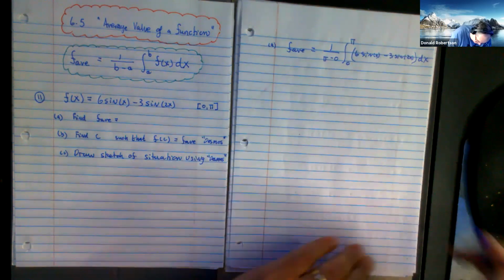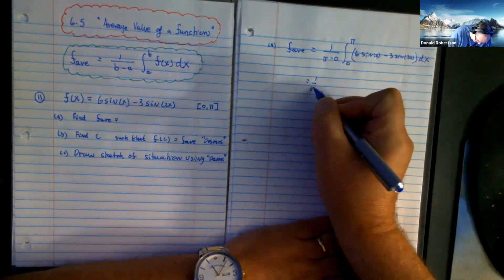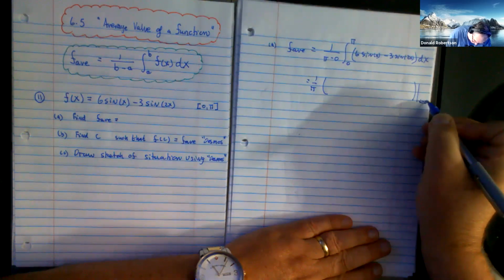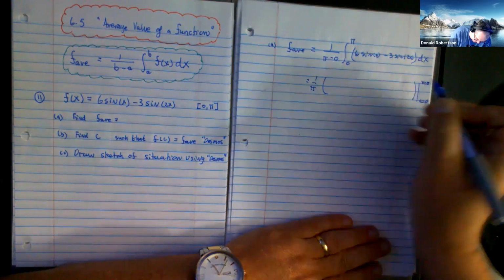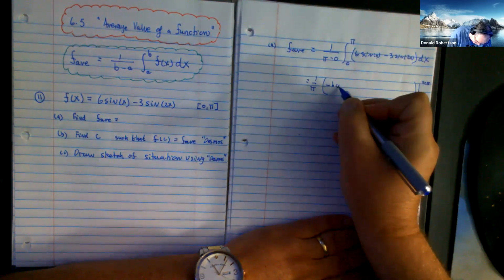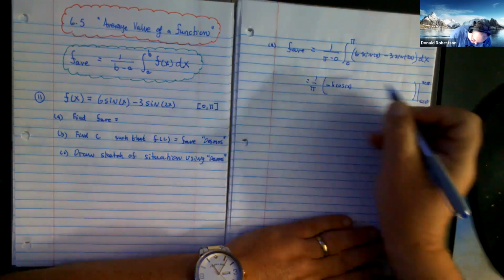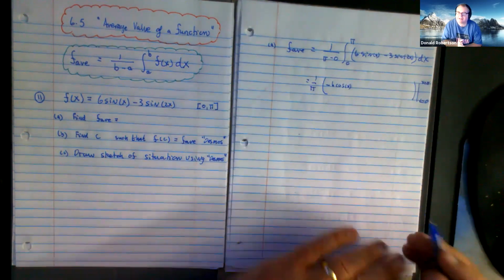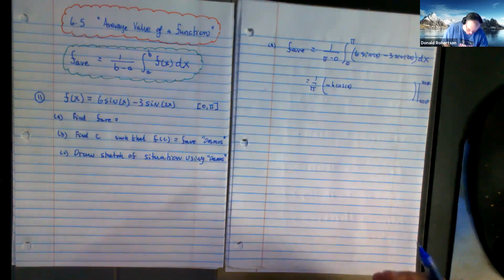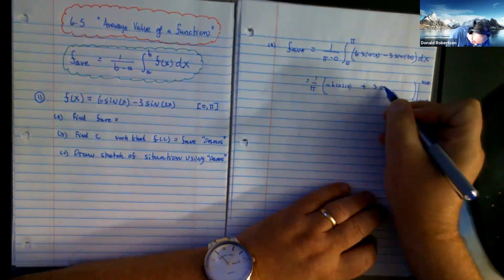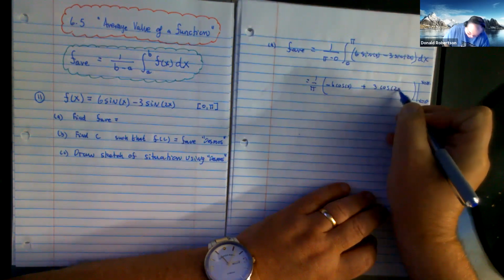So you get 1 over pi. We're going to evaluate it from 0 to pi. If you integrate 6 sine x, you get negative 6 cosine x. If you integrate negative 3 sine 2x, won't you get +3 cosine 2x?